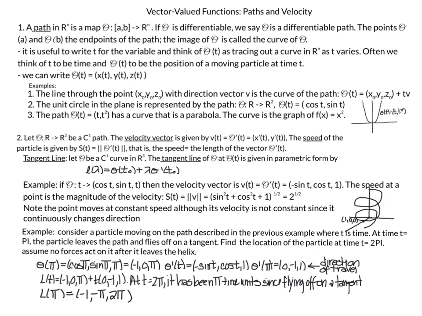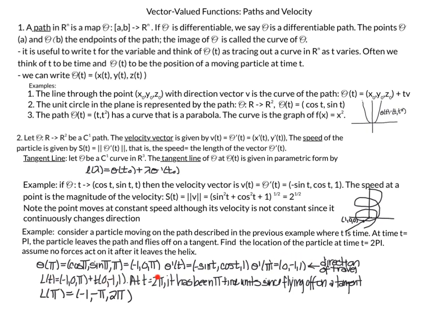Now we have enough information to write the equation of the tangent line. We need sigma of t naught plus some constant lambda times sigma prime of t naught. Our t naught, right as it flies off, is pi. So we have sigma of t naught, that's (-1, 0, pi), plus our constant t times the velocity, which is (0, -1, 1).